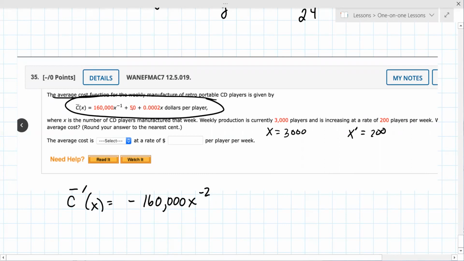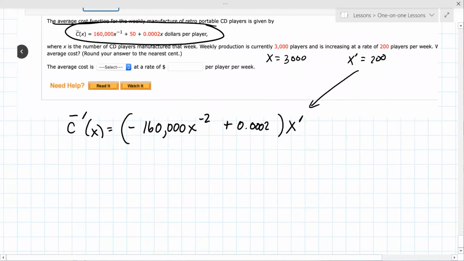The derivative of a constant is 0, plus 0.002, no x. But because you have a rate here, you have to multiply everything by x prime. Normally x prime is 1, but it's not in this problem. Yes, the whole thing, not just one of them.